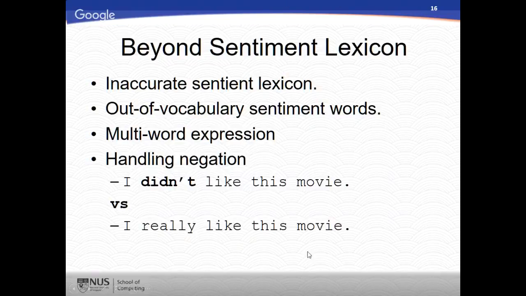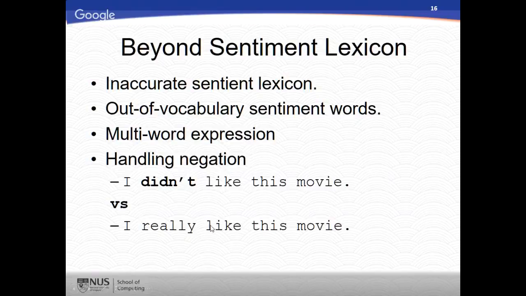Both sentences contain the word like, but the first one is negated. So they should have different sentiment.